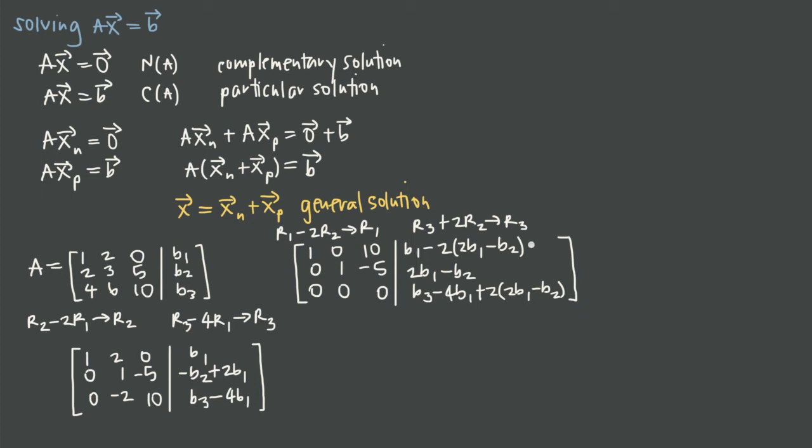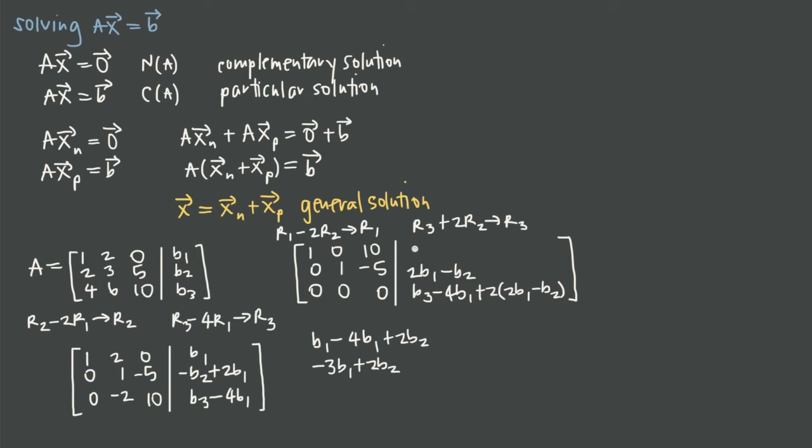Let's go ahead now and simplify these right-hand sides really quickly. So for this first row here, we have B1 minus 4B1 plus 2B2. That's going to give us a negative 3B1 plus 2B2. So here we could get rid of all of this, and we'll replace it with this value that we just found.